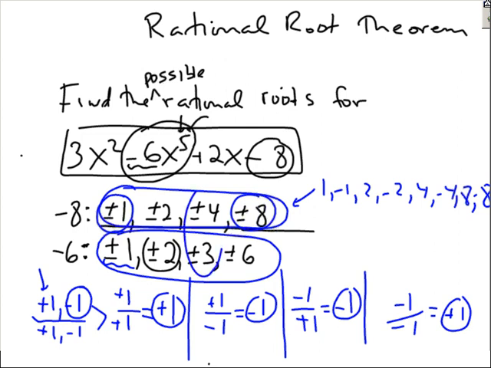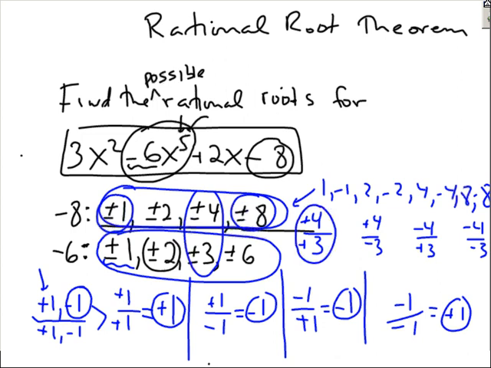If I do 4 and 3, I can have plus 4 with 3 in the bottom. I can have plus 4 with negative 3 in the bottom. I can have negative 4 with plus 3 on the bottom, or negative 3 on the bottom. The thing is that this is positive 4/3, and so is that.